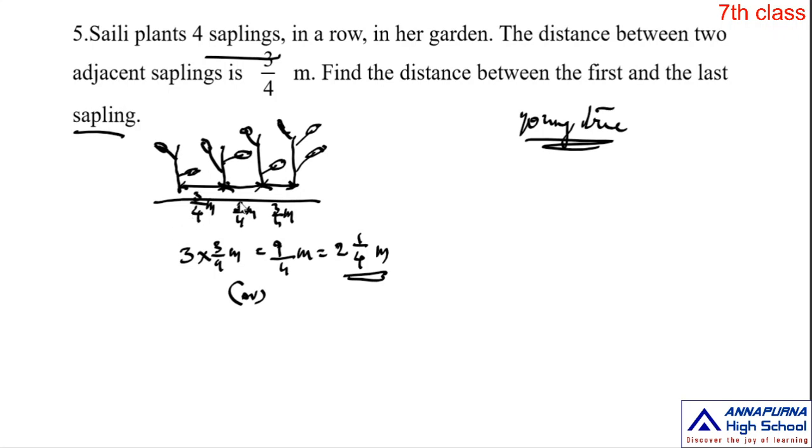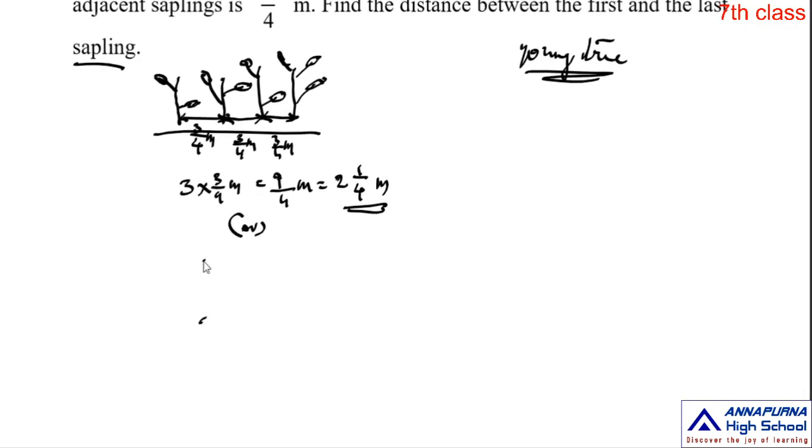so here how many 3 by 4s are there? Distance between first and last means how many 3 by 4s are there? 3 by 4 meters plus another 3 by 4 meters plus this one, 3 by 4 meters.